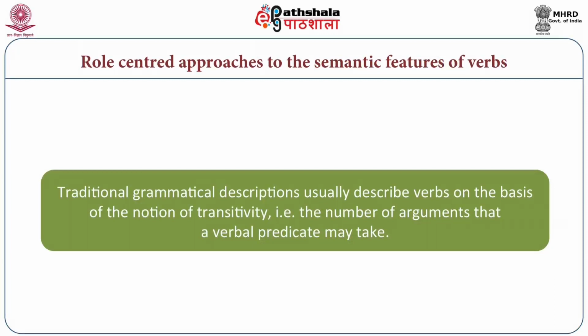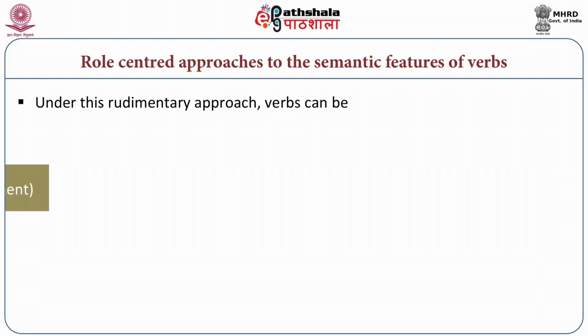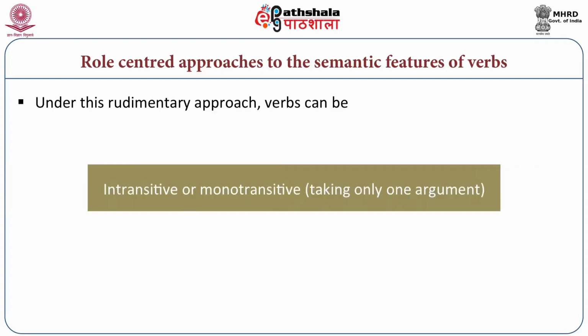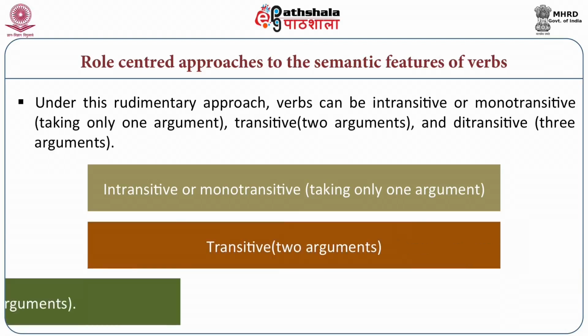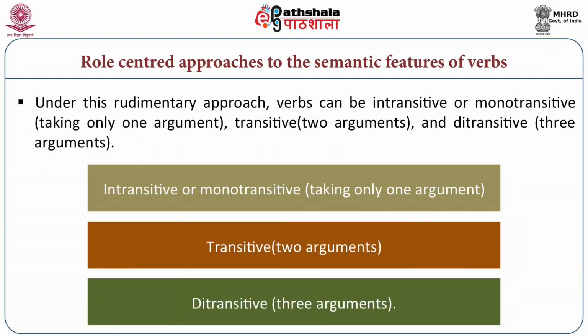Traditional grammatical descriptions usually describe verbs on the basis of the notion of transitivity, the number of arguments that a verbal predicate might take. Verbs can be intransitive or monotransitive, taking only one argument, transitive, 2 arguments, and ditransitive, 3 arguments.